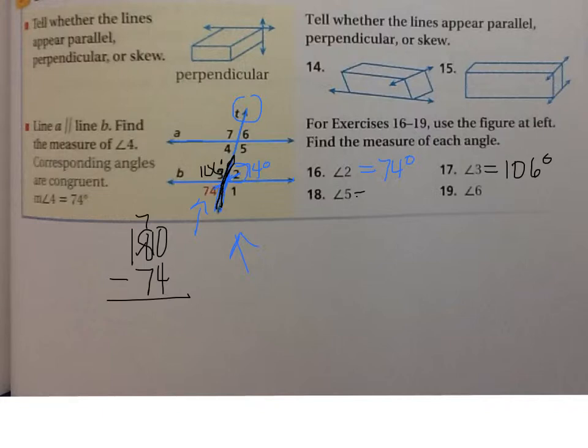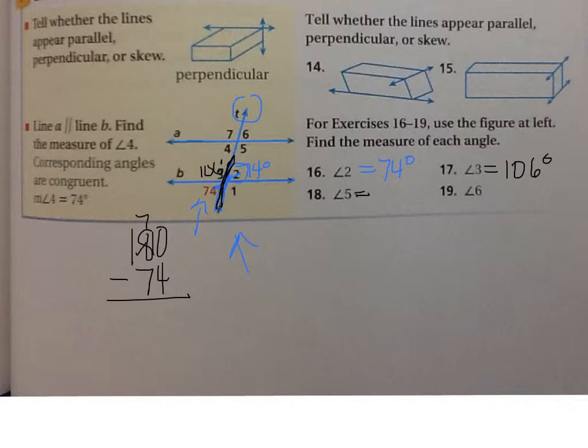Next one, angle 5. Okay, look at where it's at. Now, what you want to look at is start asking yourself, where is 5? Is it on the outside or the inside of my parallel lines? Inside. So can I use alternate interior angle rule? Yeah, what is it the same angle measure as?